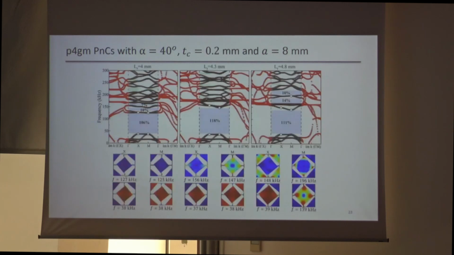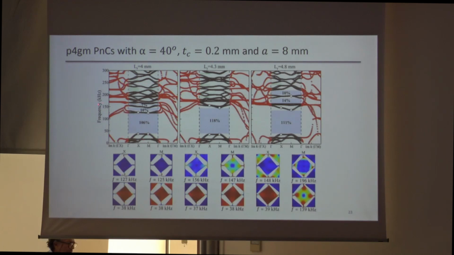And now, what I'm doing, I'm changing the angle slightly. So I'm rotating my resonator a bit more. So now it's 40, not 30 degrees. And then I take the connector with 0.2 millimeters, for which the band gap was 86, which was lower.